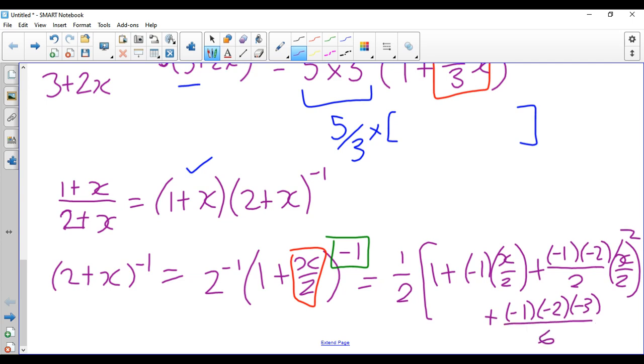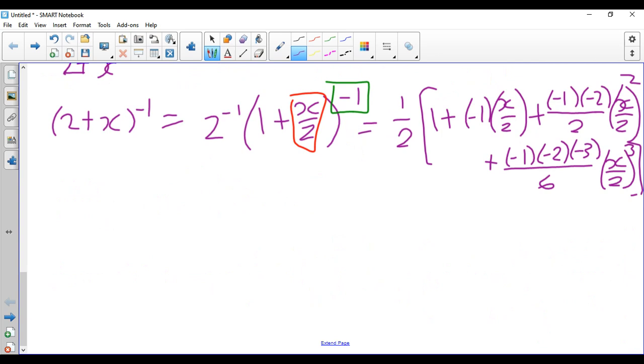I'm just going to simplify that straight away to 6, x over 2 cubed. So if you then work all that out, let's be good.